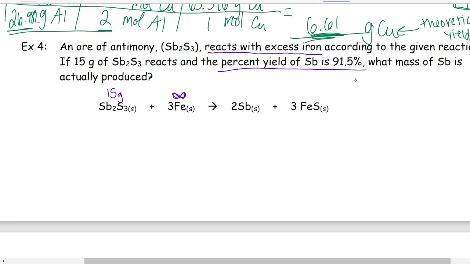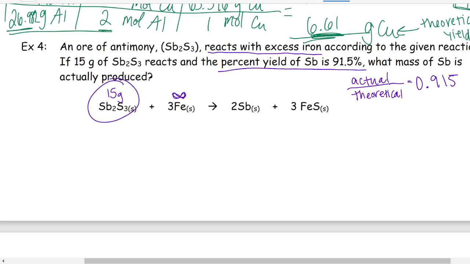So if I start with percent yield, which is actual over theoretical, is equal to 91.5%. So if I write that, it's going to be 0.915. So you see how I set that up? Then you just start plugging in the information that you have.